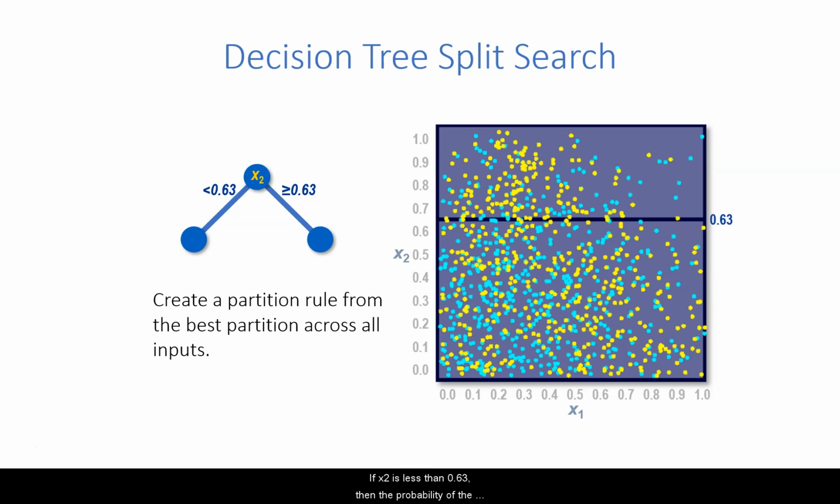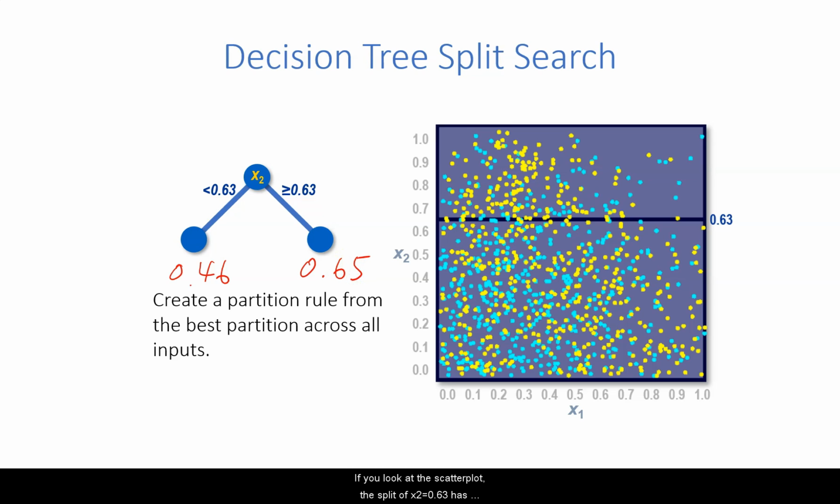If x2 is less than 0.63, then the probability of the case belonging to yellow is 0.46. And if x2 is greater than or equal to 0.63, the probability of the case being yellow is 0.65.